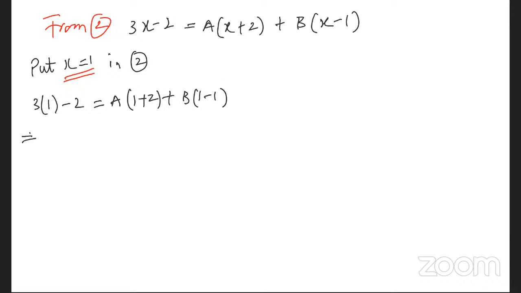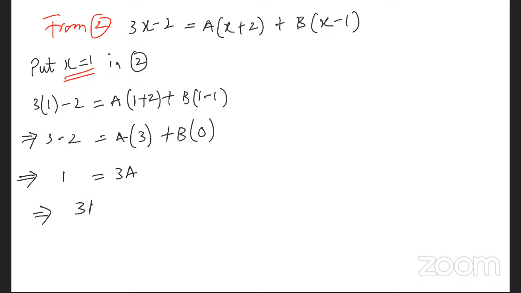So 3 minus 2 is equal to A into 3 plus B into 0. So 3 minus 2 is 1, which is equal to 3A. So 3A is equal to 1, or A is equal to 1 by 3.